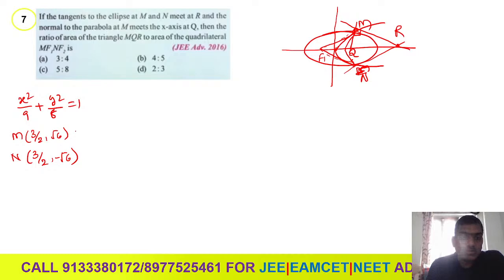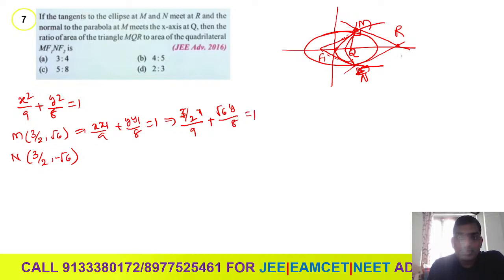And here what is the line? x x1 by 9 plus y y1 by 8 is equal to 1. If we substitute the values, 3 by 2 x by 9 plus root 6 y by 8 is equal to 1.